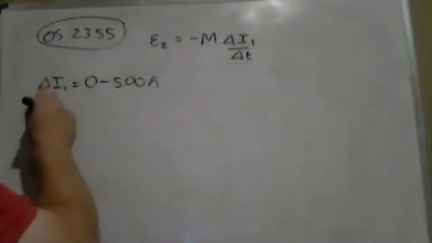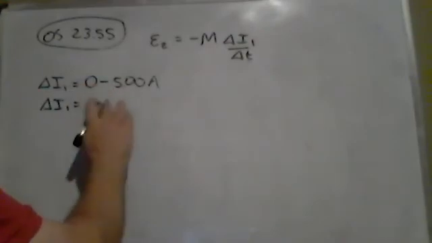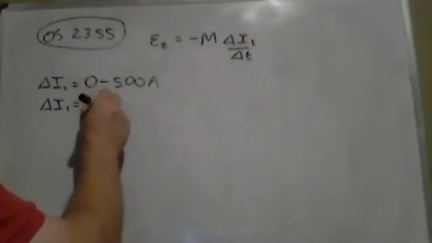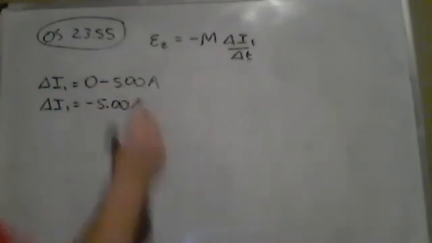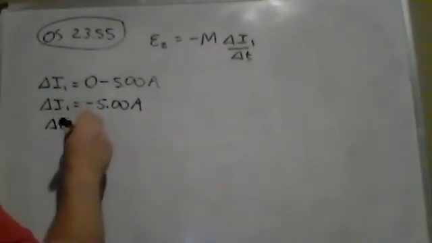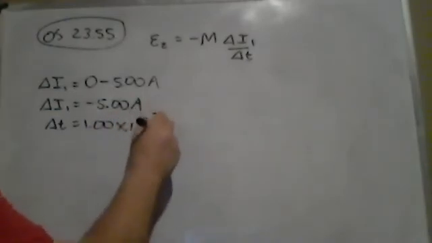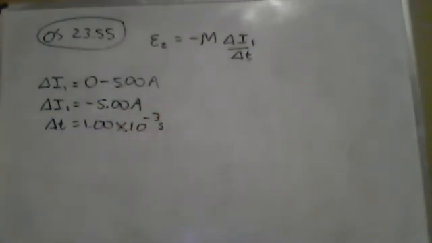So delta I1 is going to be negative 5.00 amperes. That's the change of the current. Delta T is 1.00 milliseconds, or 1.00 times 10 to the negative 3 seconds. That's how long this is going to take.